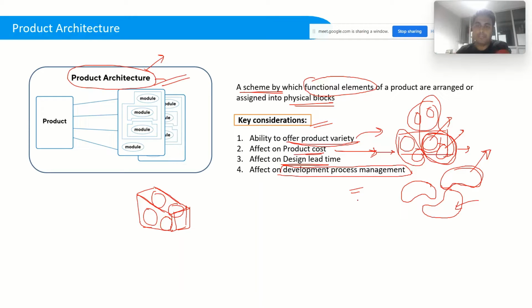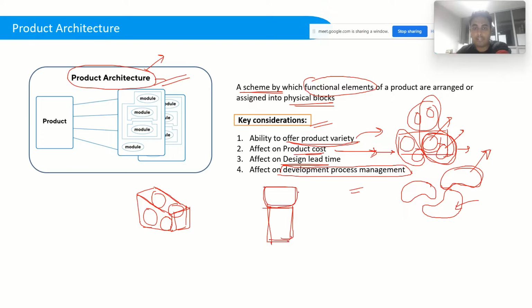Sorry. Okay, so let's take an example, like a juice machine, a juicer. We have an electrical unit below, and we have a jar unit on the top.